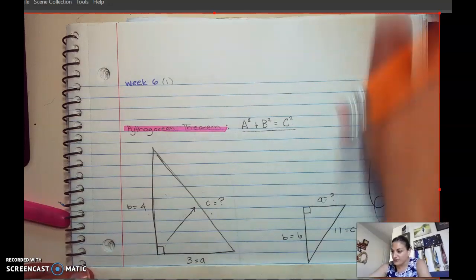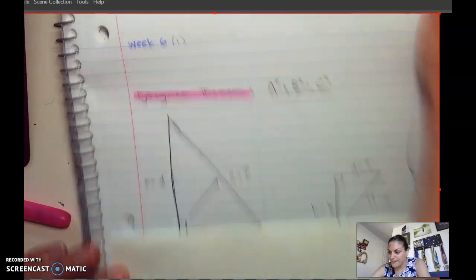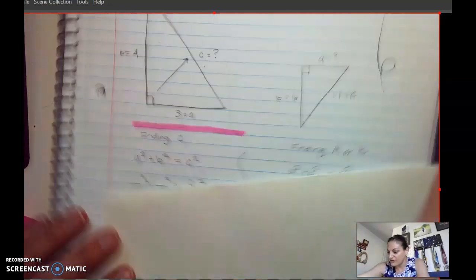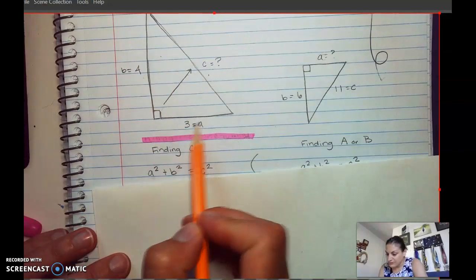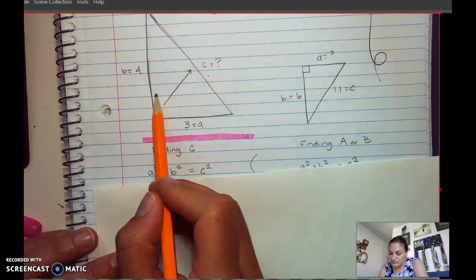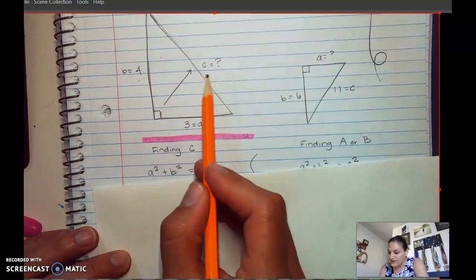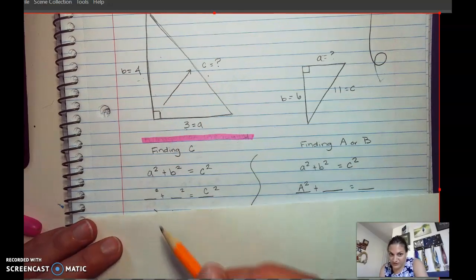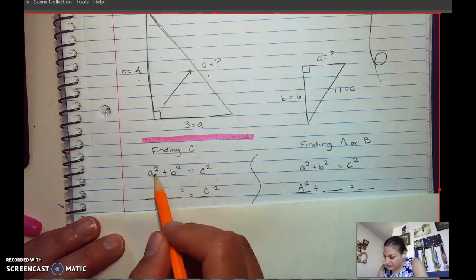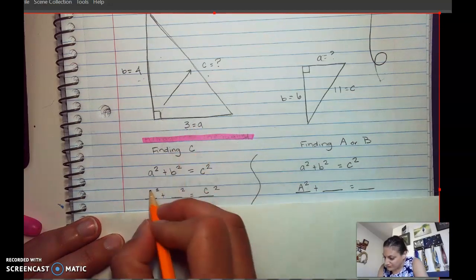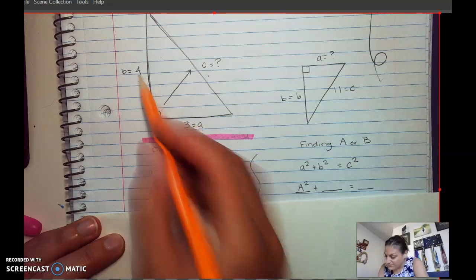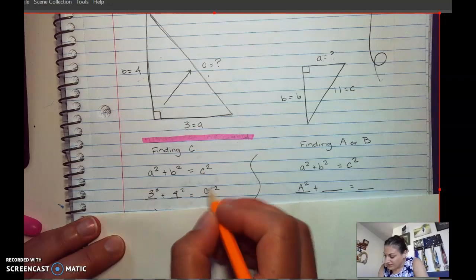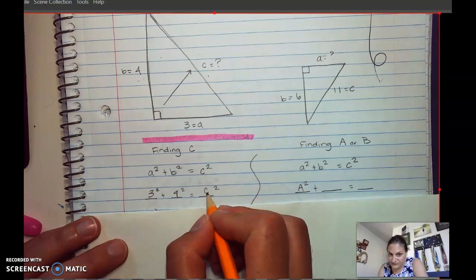Okay, so if I tell you that a is 3 and b is 4, we're going to find c. I did this step by step. So a squared, which is 3, and b squared, which is 4, and we're still trying to find c squared.